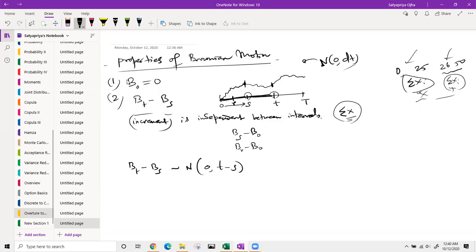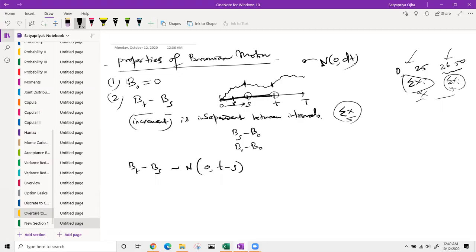T minus S. Because you see between Bt and Bs, the Brownian motion on an average is just adding up a bunch of normal distributions together. Every single normal distribution has a mean of 0.